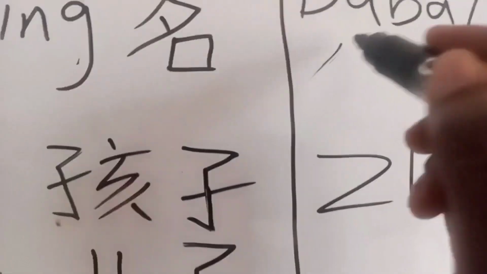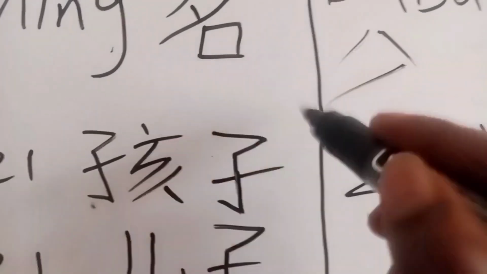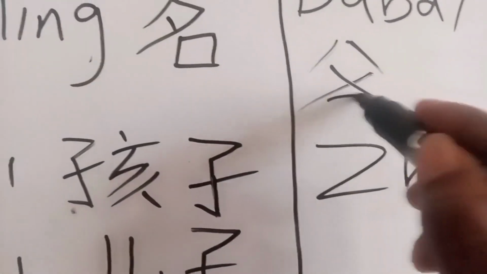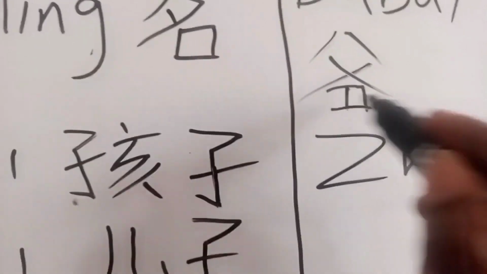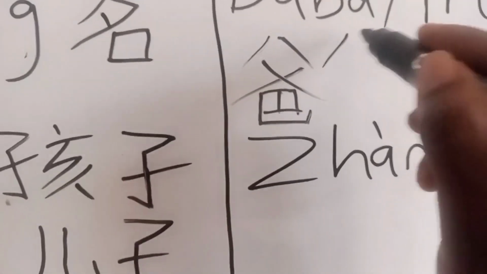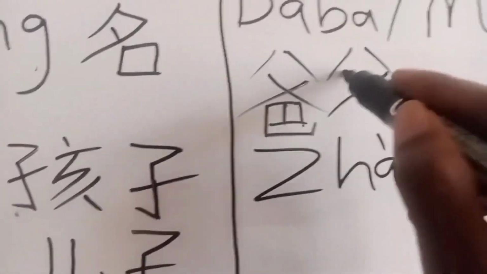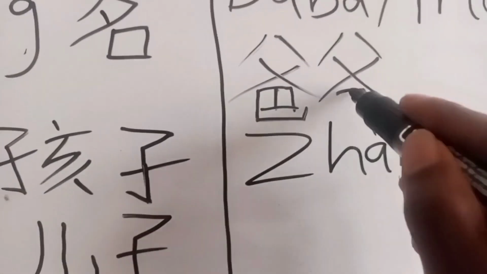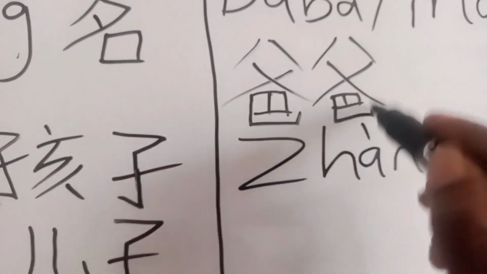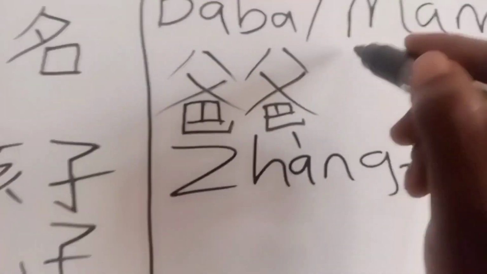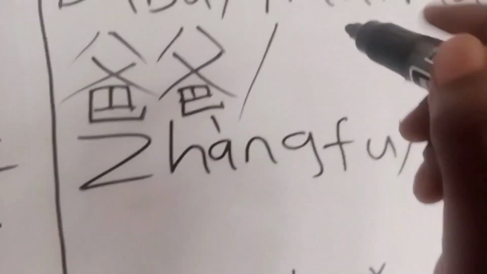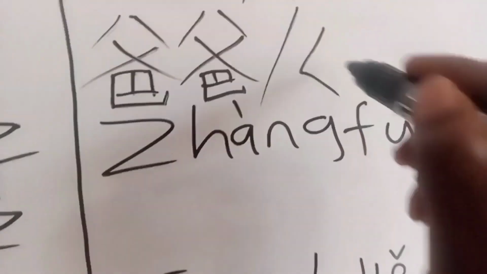Baba. We've written baba in a previous class. Let me just be fast with this. They actually just say ba. You hardly hear them say baba. They just say ba. Mama or ma.